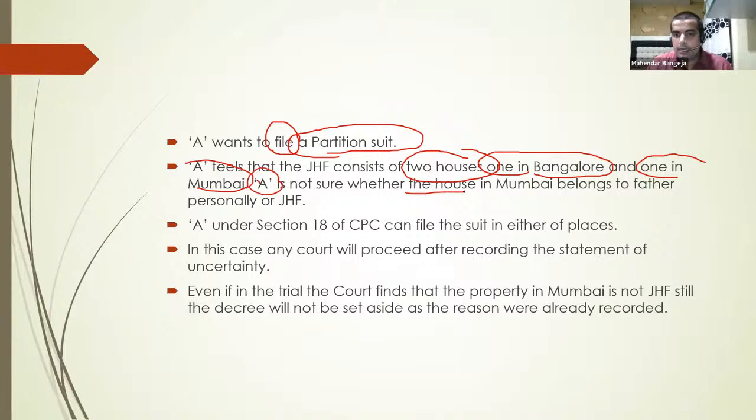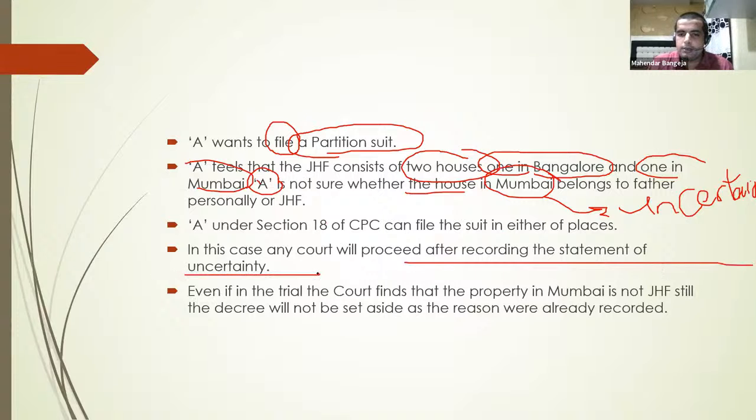But still he takes a chance and he files a suit in Mumbai. Now in this case, the jurisdiction of Mumbai court is uncertain. क्या पता वो जो पापा का घर है वो उनका पर्सनल घर हो और जॉइंट फैमिली ना हो, तो इस केस में कोर्ट रिकॉर्ड करेगा स्टेटमेंट, ठीक है, and it will proceed. Record statement of uncertainty and it will proceed.